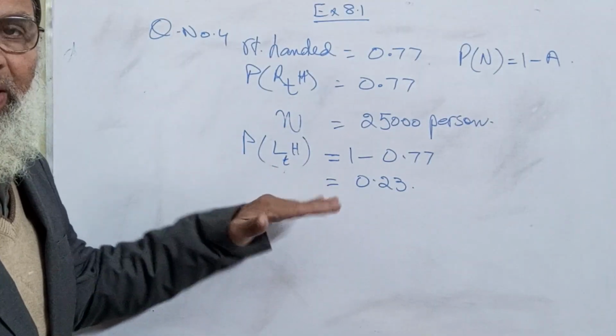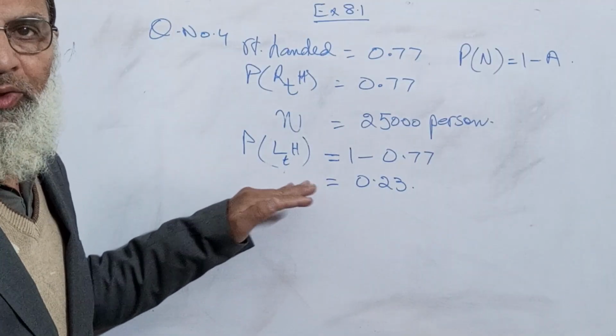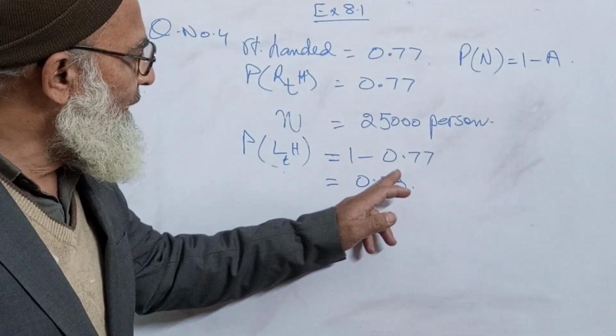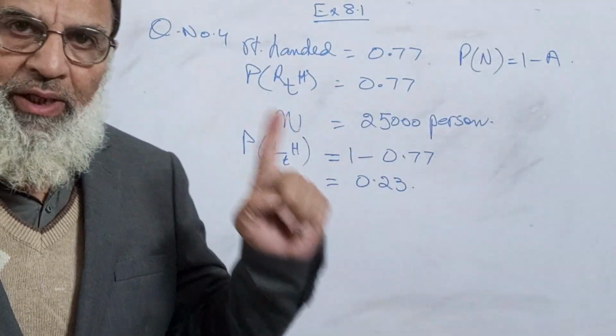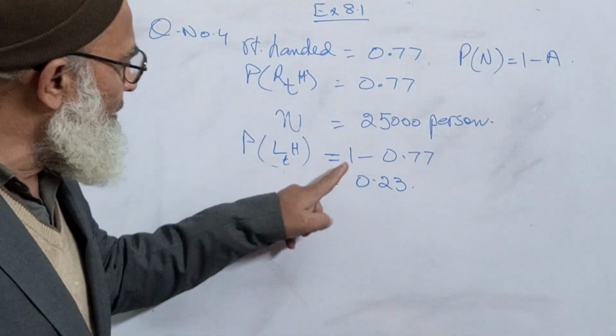So now you can say the probability of left hand. Okay, now you can say the probability of left hand is 1 minus 0.77 because the total probability of the event always remains 1.